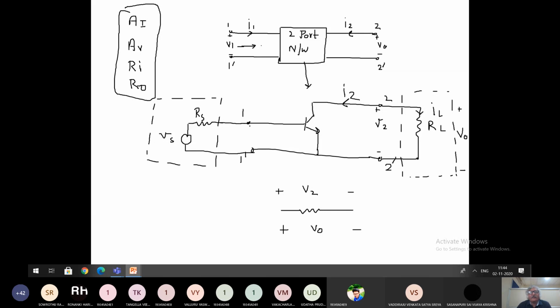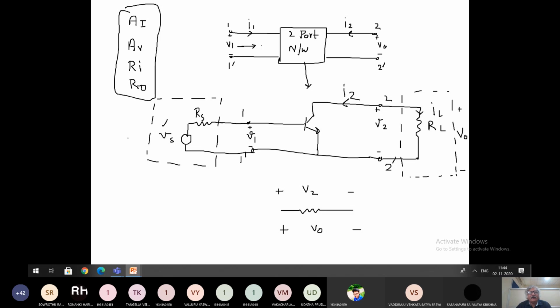But for the input voltage, at terminal 1 you have an input voltage V1 here, but this V1 is the internal voltage of this transistor. So here you have to consider this Vs, right? Because your voltage is coming from this voltage source. So if you are calculating the overall voltage gain, then you have to consider your starting input voltage and your last output voltage.